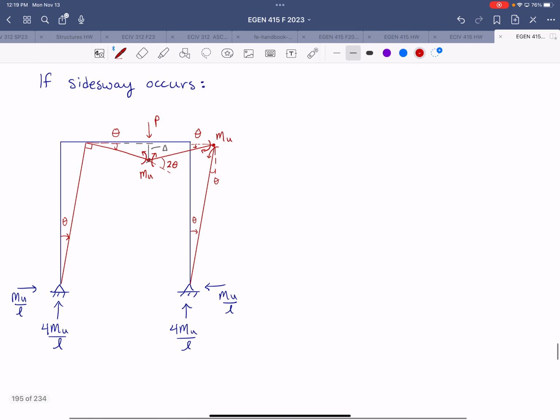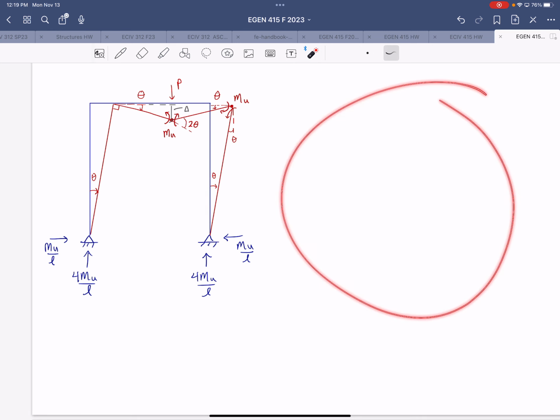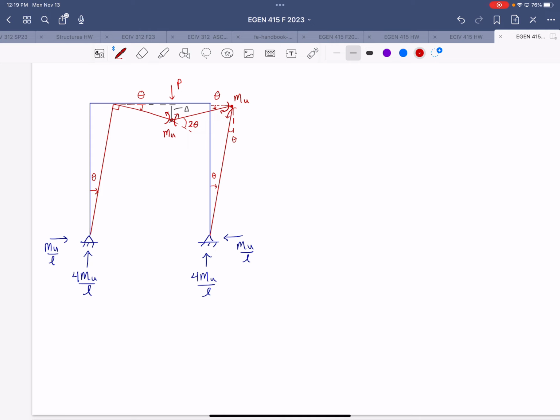Down below, I'm going to summarize the process, and then off to the right over here, we'll go through the math. Once that applied load reaches PU, it causes collapse. It's going to form a hinge at the center. And since it's at the center, from the geometry, we know that delta is equal to theta L over 2.